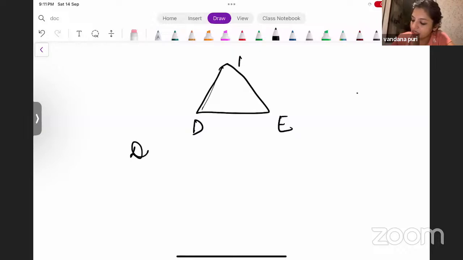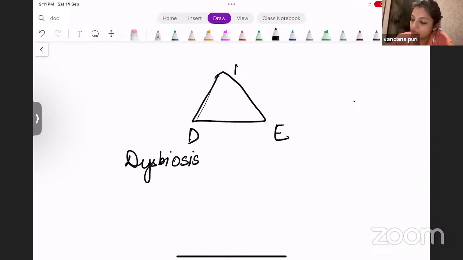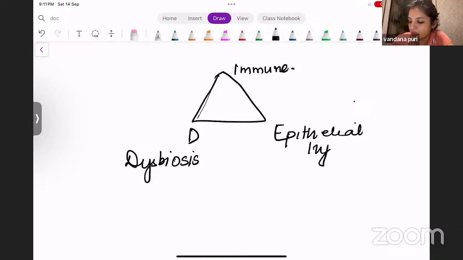So it started from number one, dysbiosis. Number two, immune disorders or dysregulation. And number three, epithelial injury. So there are three key things occurring in these.